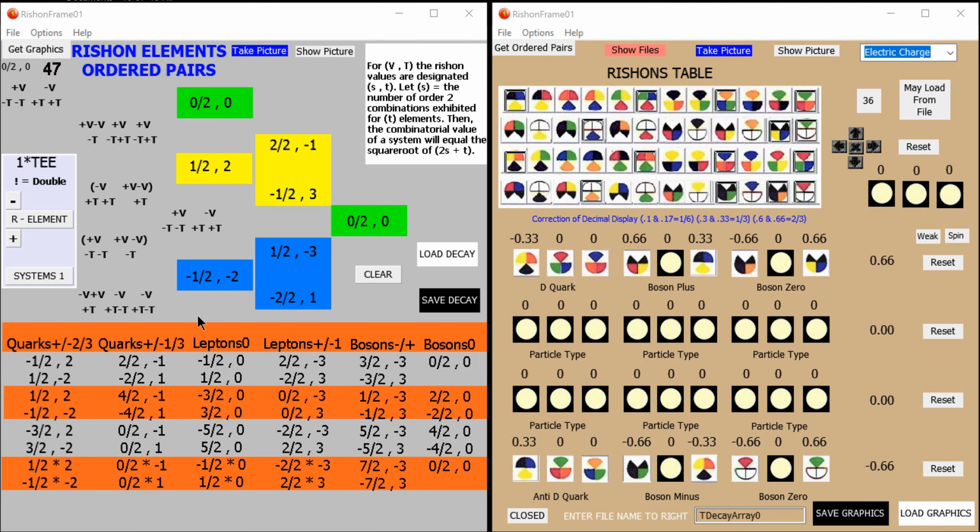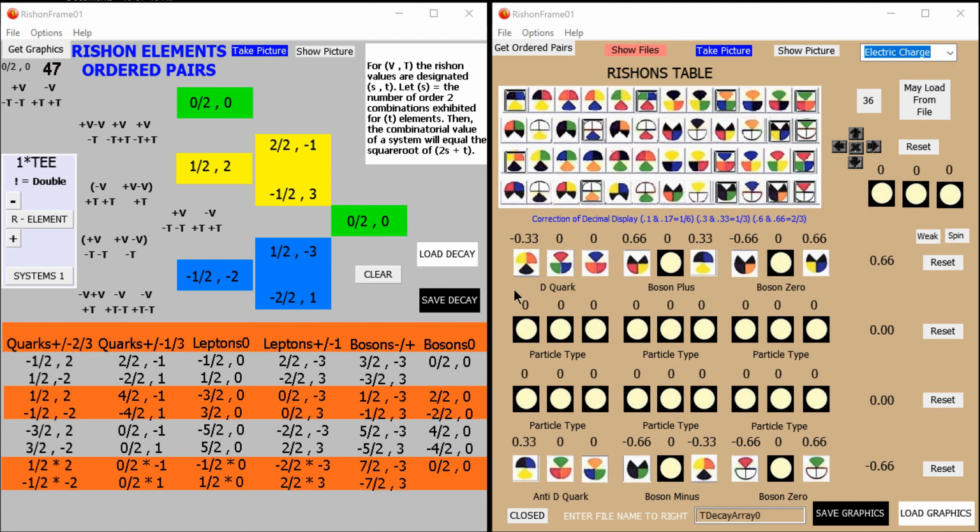So first we have what we can call a generic anti-D quark, which has the ordered pair -1, 1. And here's the actual representation for the D quark, the generic D quark, 1, -1. And let's look at this graphically.